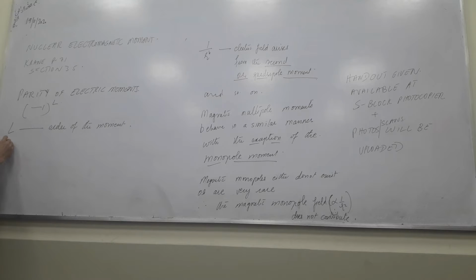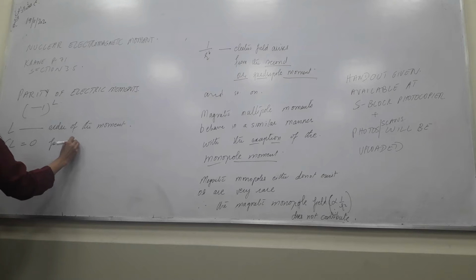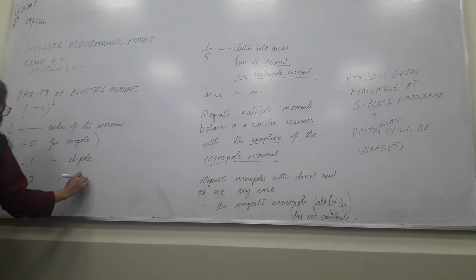So, for example, just as we discussed before, if L is equal to 0, we call this a monopole. If L is equal to 1, we call it a dipole, and if L is equal to 2, we call it a quadrupole.